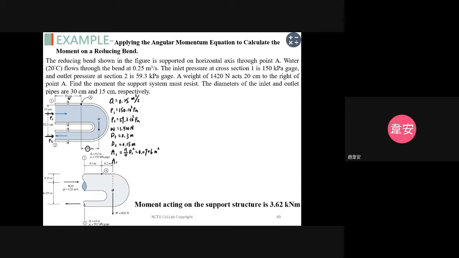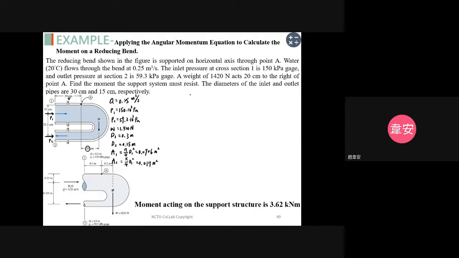Then we have A2, again pi over 4 times D2 squared, where D2 is 0.15 multiplied by 0.15 multiplied by pi divided by 4. So this is equal to 0.0 square meters.